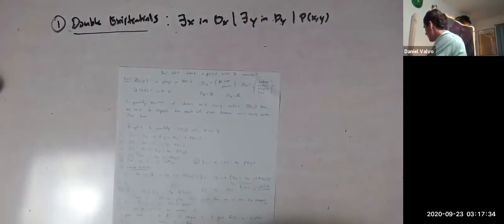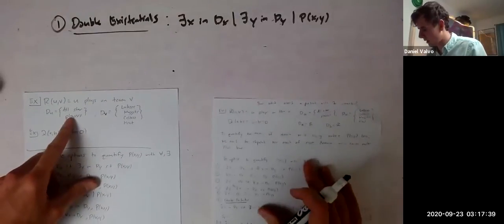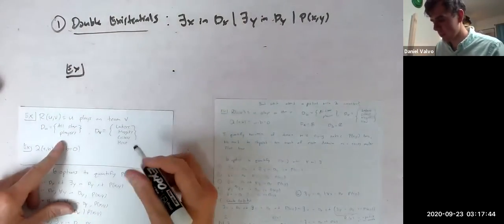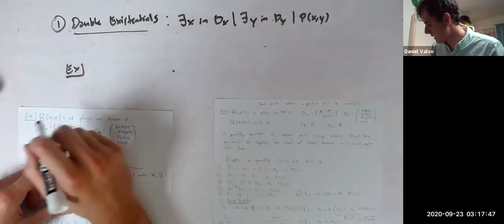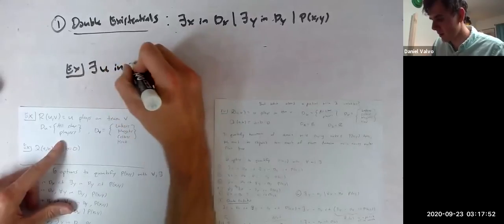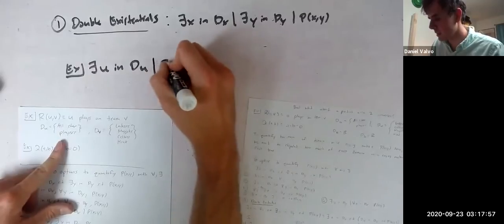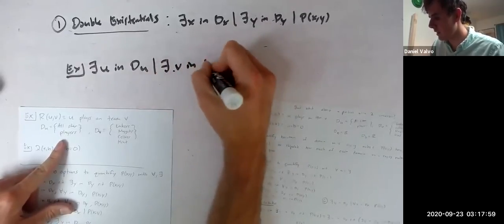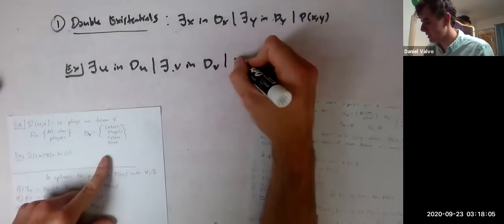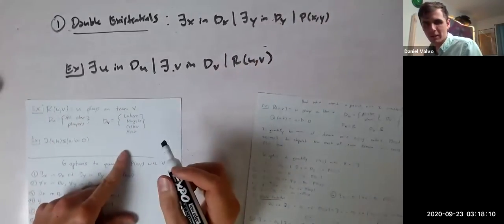So, using our example here, for example, we could say that there exists a U in DU, the all-star players, such that there exists a V in DV, Lakers, Nuggets, Celtics, Heat, such that R of UV is true. U plays on team V.